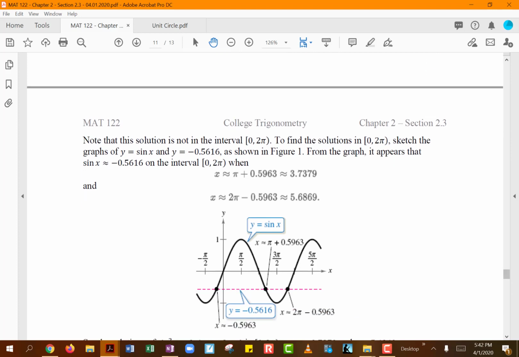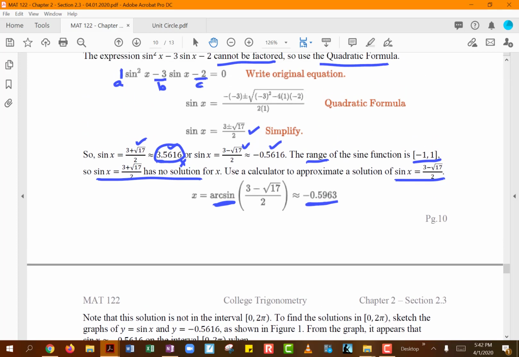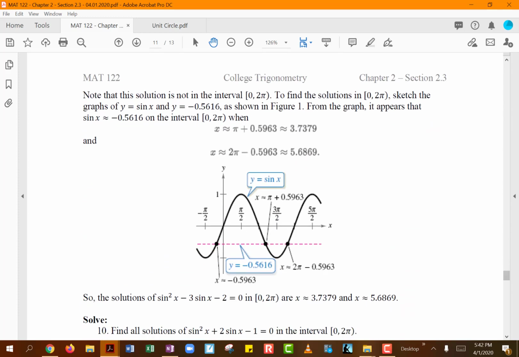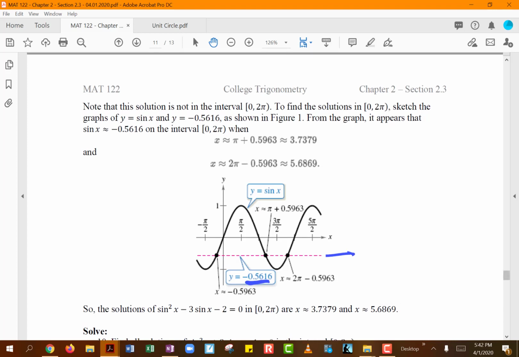So we start by graphing our y equals sine of x function, which is of course this curve here. And then we are also looking at, since our decimal approximation was negative 0.5616, they are also graphing this little dotted line, which is your approximately negative 0.5616, and we want to see where our graph is intersecting at that line, negative 0.5616.